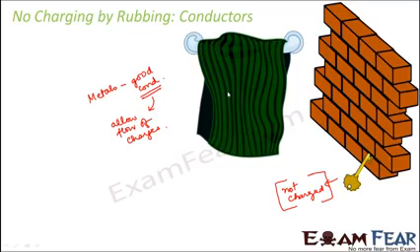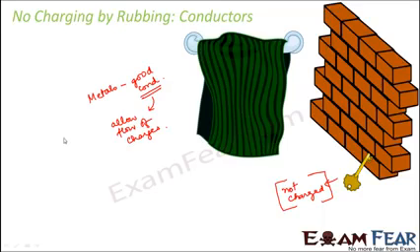But in case of a conductor, since the charges can flow through the conductor, the excess charges disappear because they flow through it. As a result, there is a momentary current which passes to the earth through the conductor. So a conductor basically acts as a path for the flow of charges. All the charges flow through the conductor, so there is no excess charge present on the conductor.